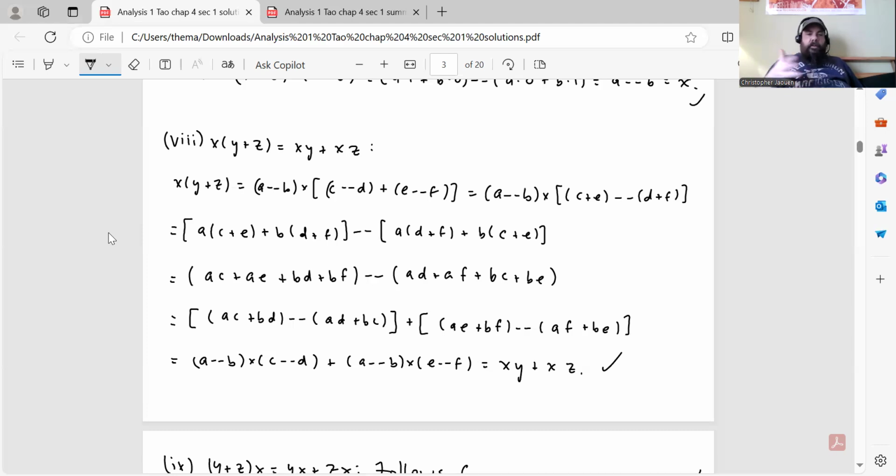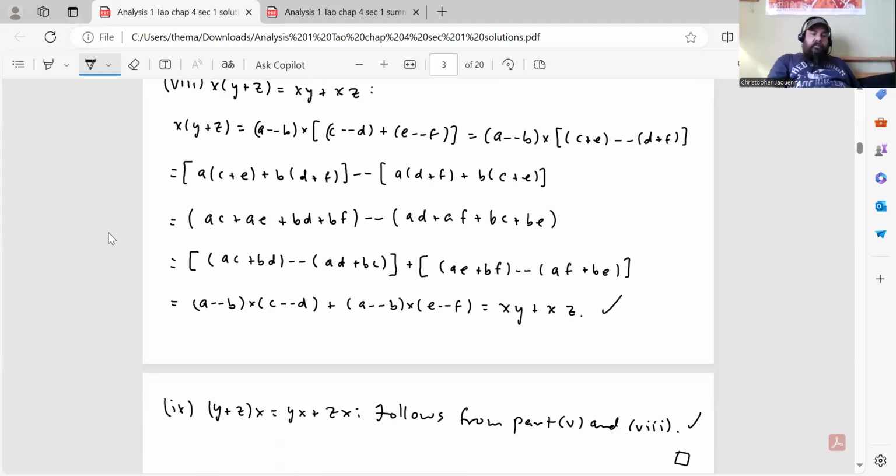And then, just distribute things, and then you can regroup things and decompose it back into a sum, which gives you a minus minus b times c minus minus d plus a minus minus b times e minus minus f, which obviously is x times y plus x times z. And that shows the distributive law.